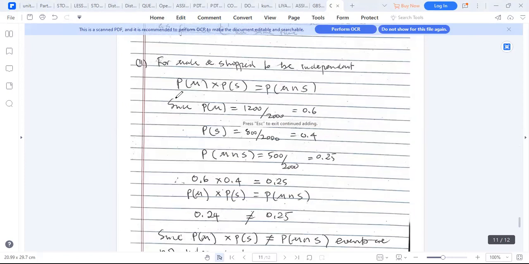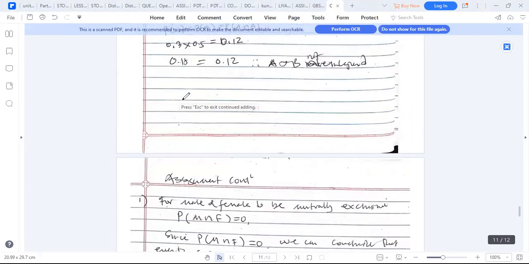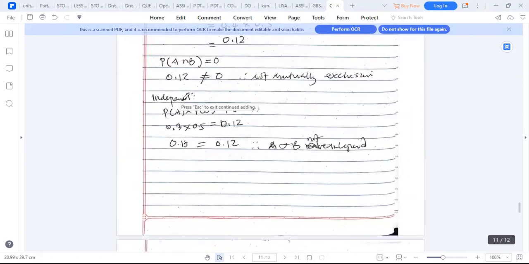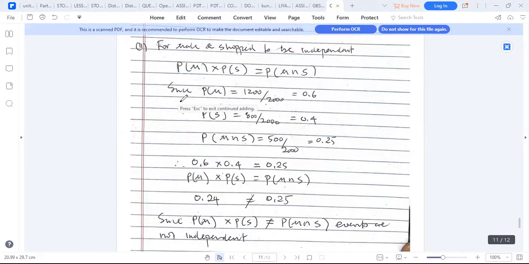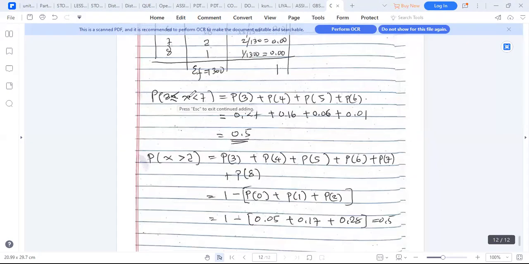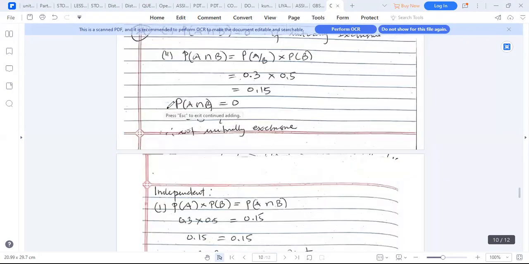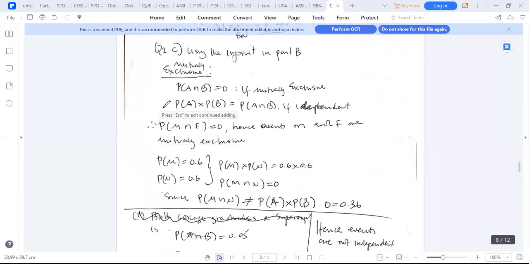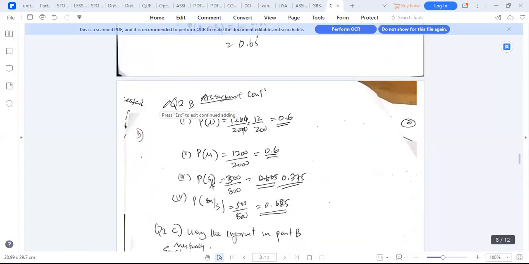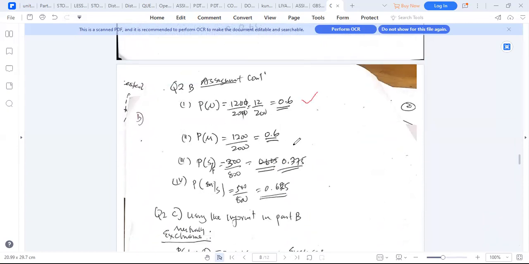So probability... okay, so we found the probability that never shopped is 0.6, probability that male is 0.6.